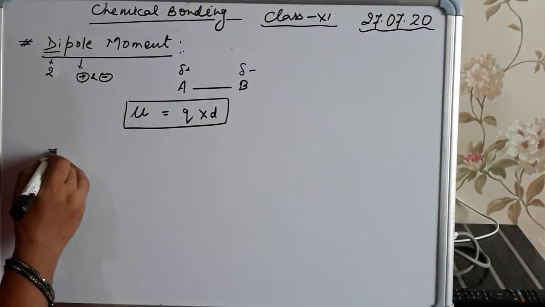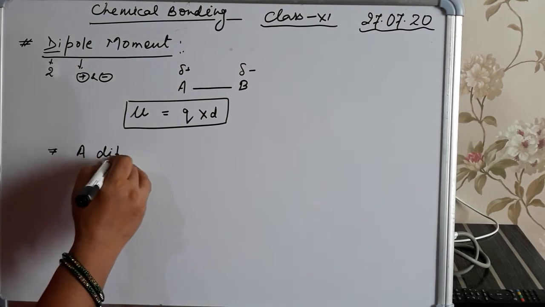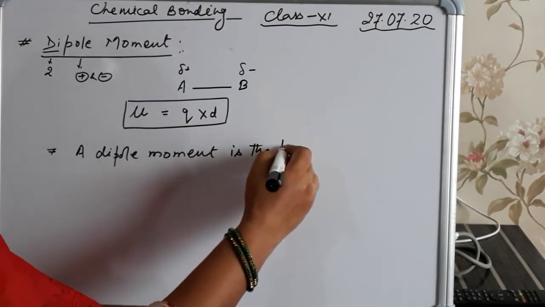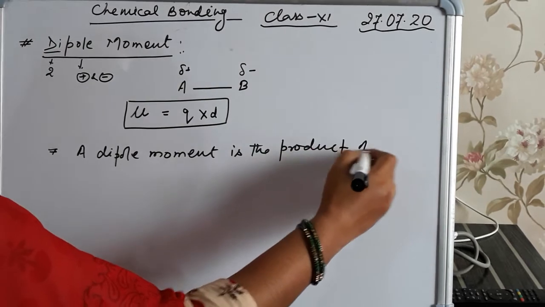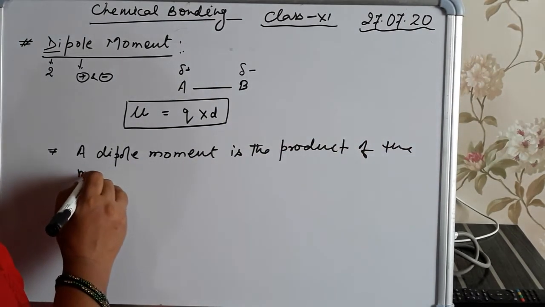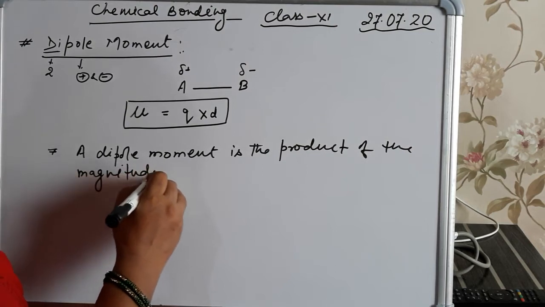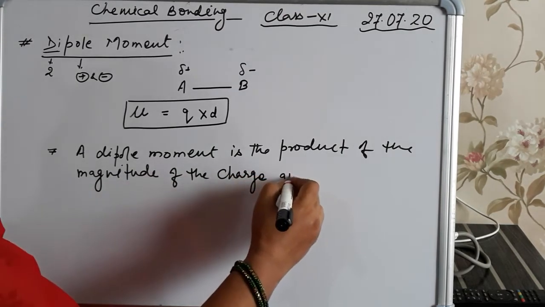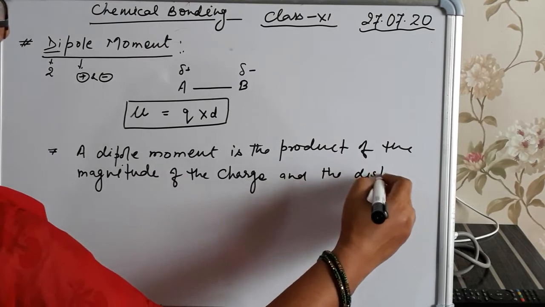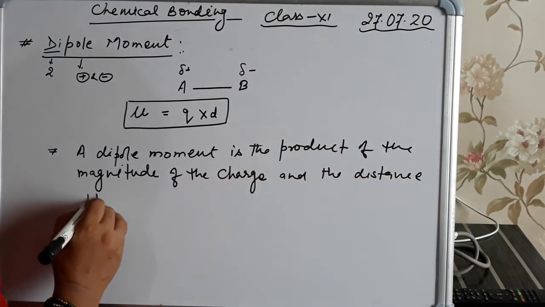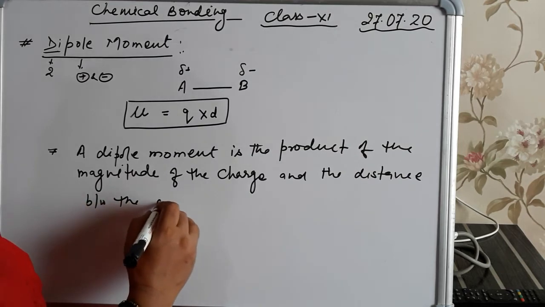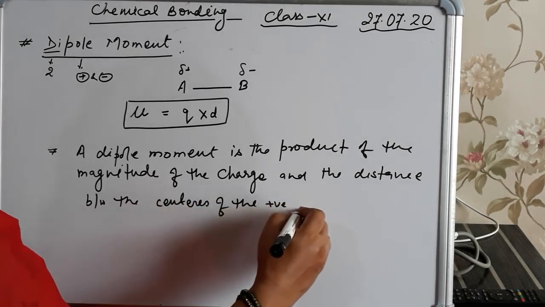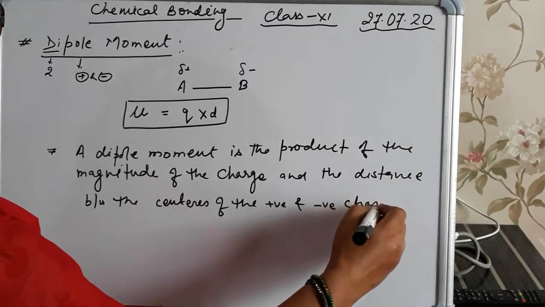So write down the definition. Dipole moment is the product of the magnitude of charge and the distance between the centers of the positive and negative charges.